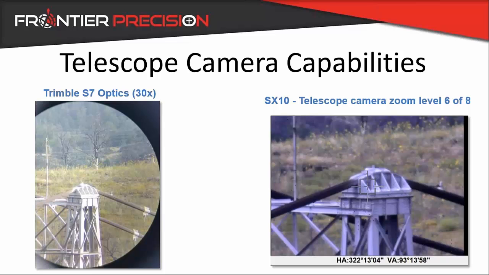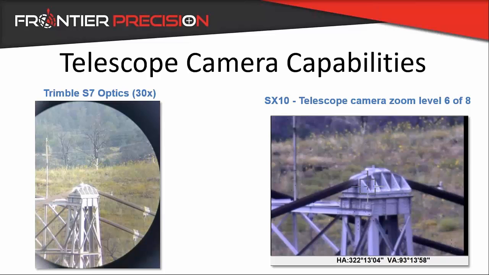If I take a look at the SX10 using the telescopic camera, and this is level 6 out of 8, there's actually 2 more refined levels that you can zoom in on. You can see that the ability to view something at a much farther distance is a lot easier with the SX10 for multiple reasons. One is I don't have a limitation of 30 power of magnification.